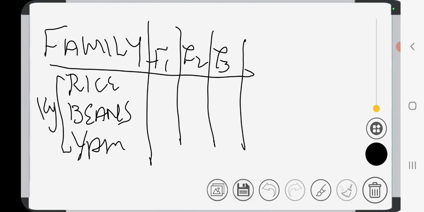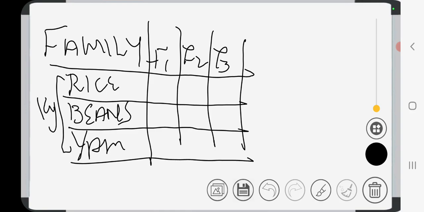So for family 1, let's assume that family 1 has 2 kilograms of rice. I'll write 2. If the family 1 doesn't have beans, it will be 0 kilogram.